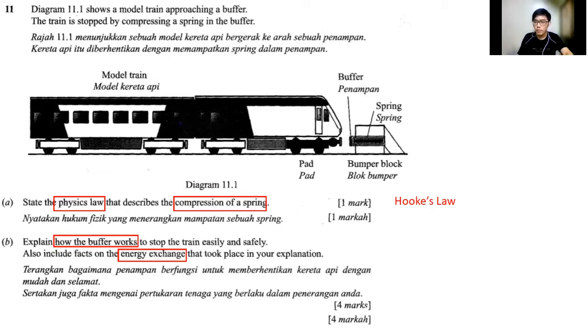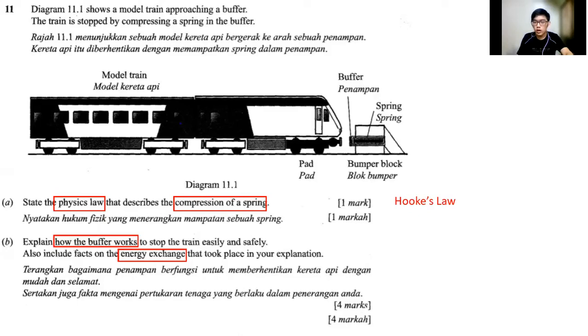And when the time of impact is increased, we know that the impulsive force will decrease. And at the same time, the energy is converted from kinetic energy of the train into elastic potential energy in the spring.